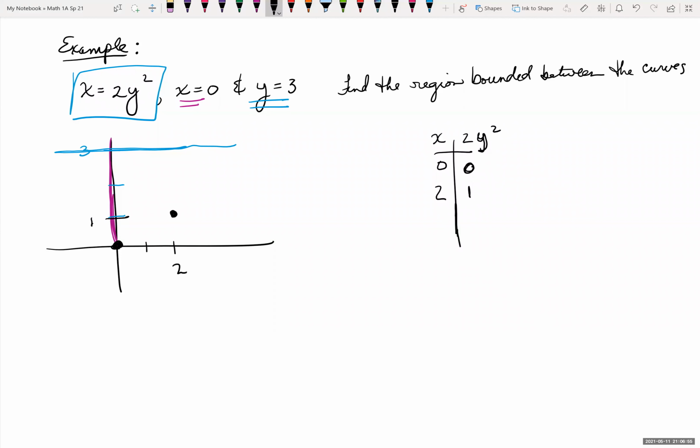And if I plug in 2 here, I get 2 squared is 4, 4 times 2 is 8. So we have a point here at (8, 2). And this is not going to be to scale.